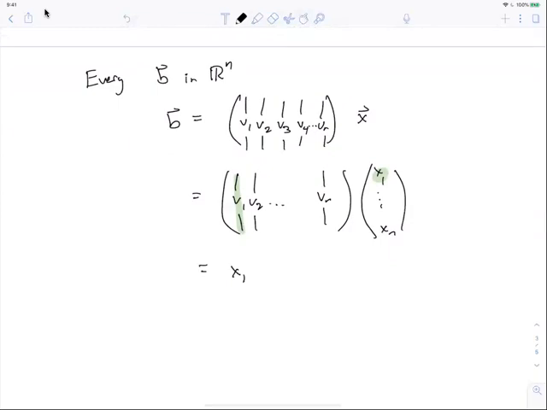So this is just x1 times v1 plus the next column times the next entry. One way of thinking of matrix-vector multiplication is that it's a linear combination of the columns of the matrix.